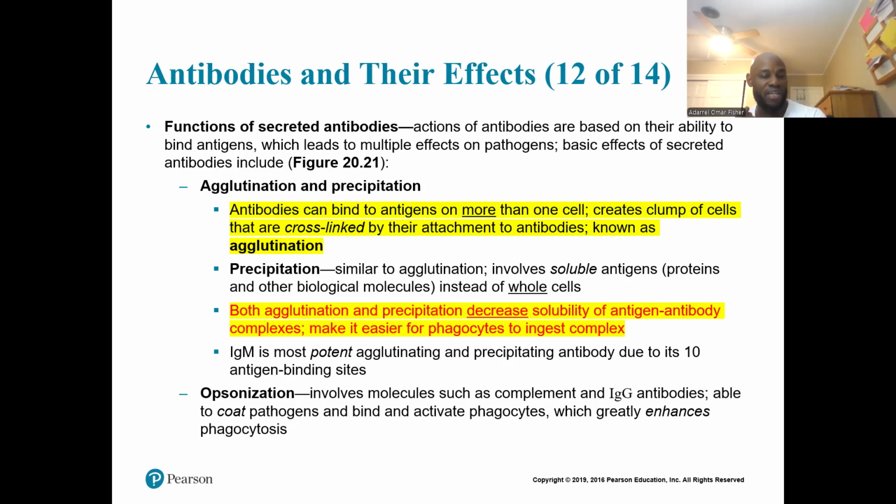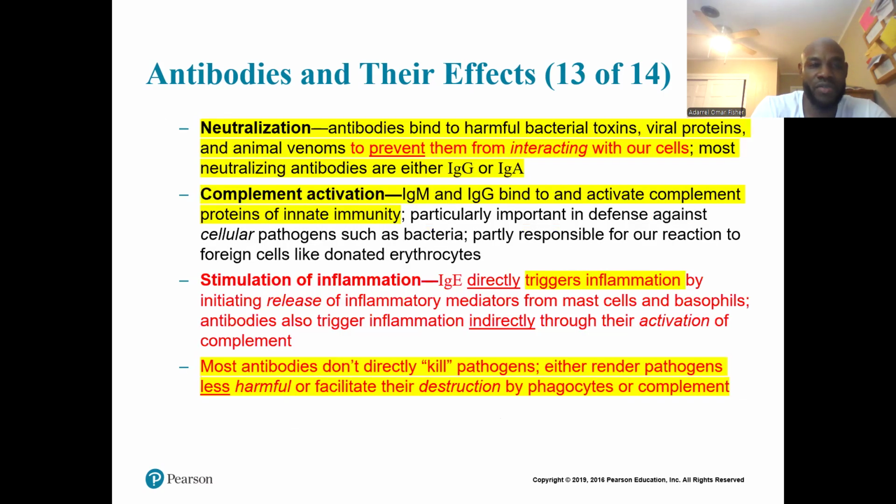Antibodies can also operate in opsonization, which involves molecules such as complement and IgG antibodies. They can coat the pathogens, bind, and activate phagocytosis. All right, so they make them easier to be ingested by macrophages, for instance. Antibodies can also neutralize pathogens and prevent them from interacting with our cells.